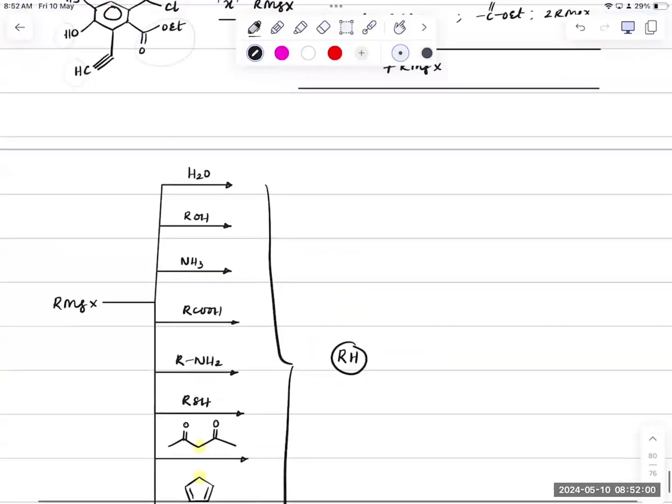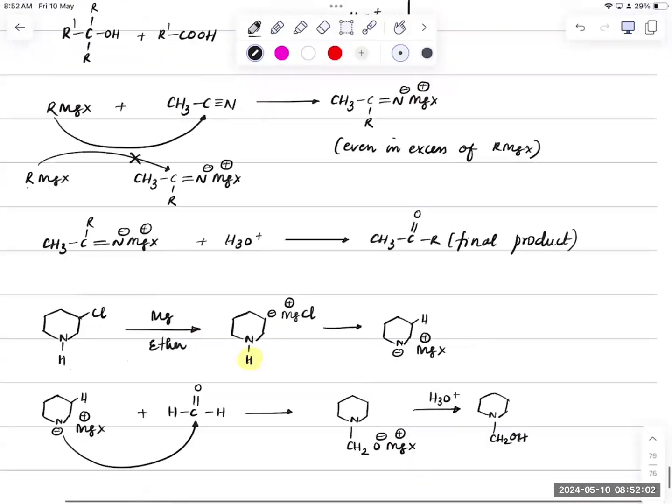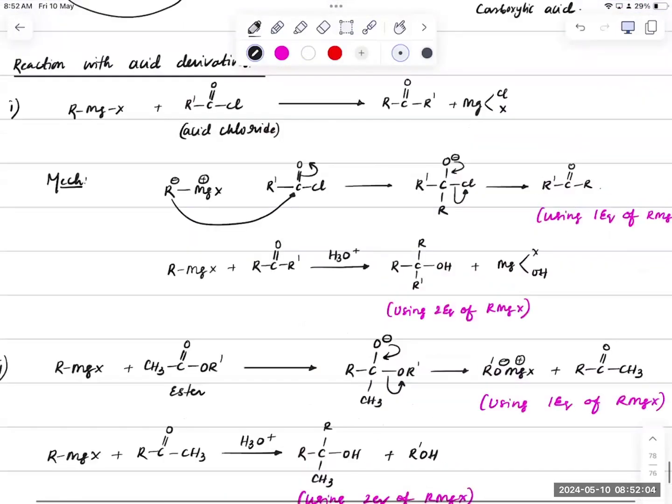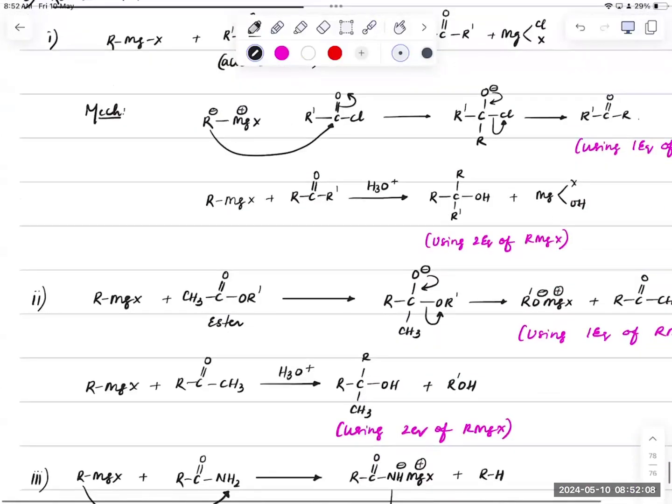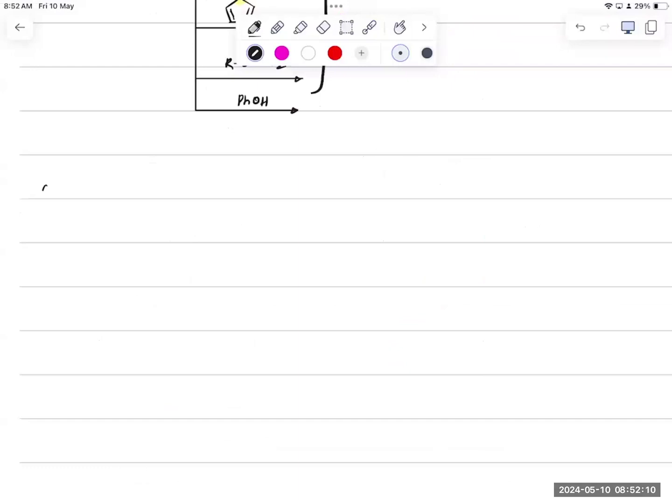But as much as Grignard's is concerned, these are the reactions which you need to learn. Next you see questions and concepts related to SN reactions.